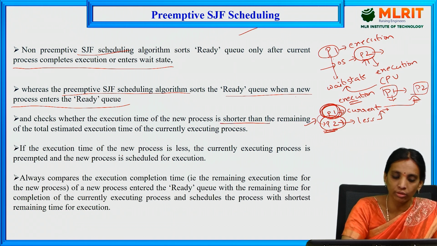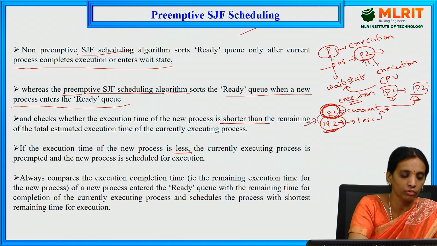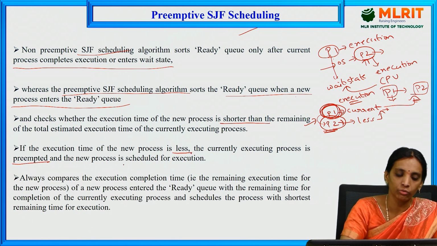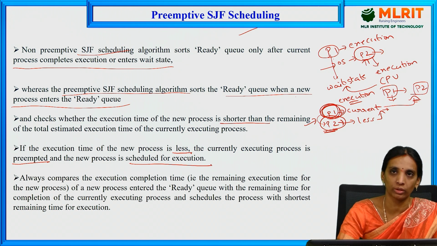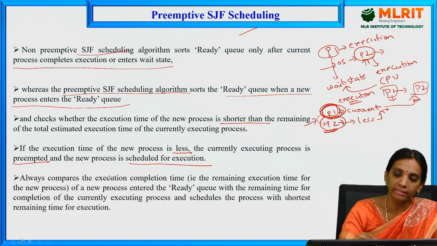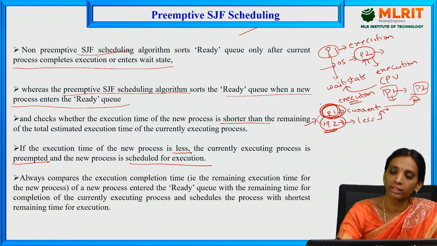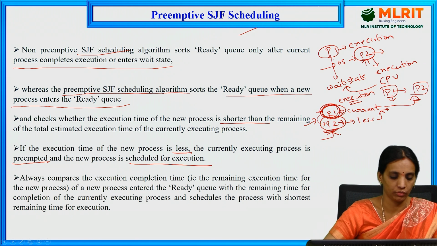If the execution time of the new process is less, then only the currently executing process is preempted and the new process is scheduled for execution. So it always compares the execution times, and based on that the current process is preempted and access is given to the new process.